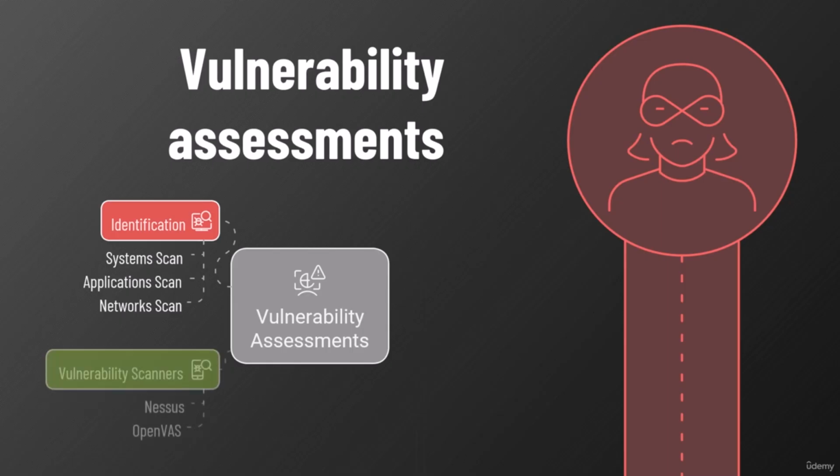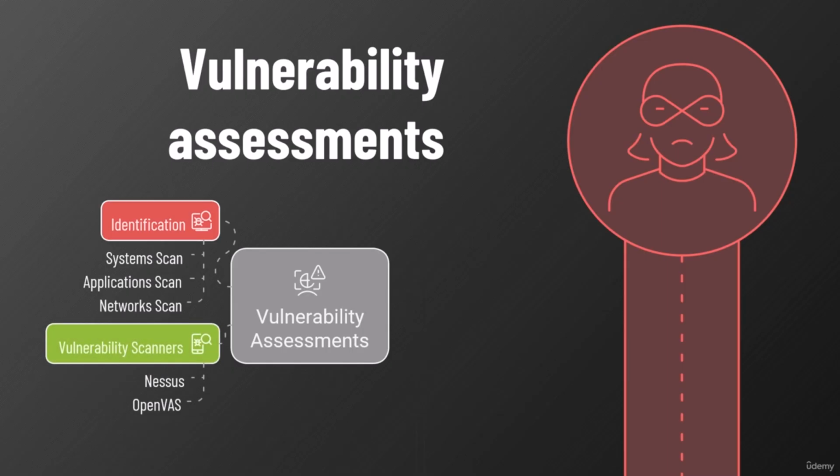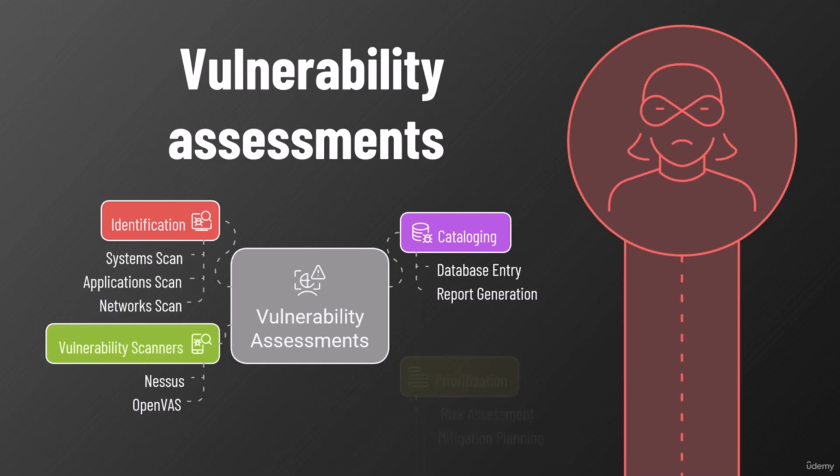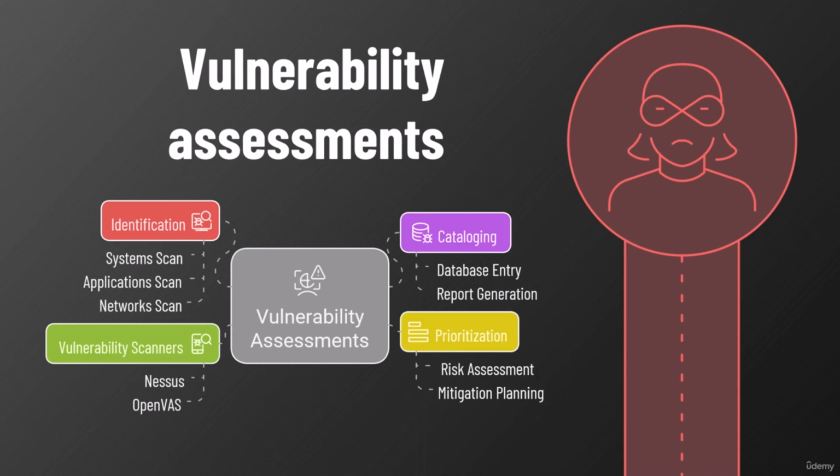Most of the time, these scans are done using automated tools like Nessus or OpenVAS. The findings are then cataloged, entered into databases, and compiled into detailed reports. Finally, vulnerabilities are prioritized through risk assessments and mitigation planning, making sure the most critical issues are handled first.